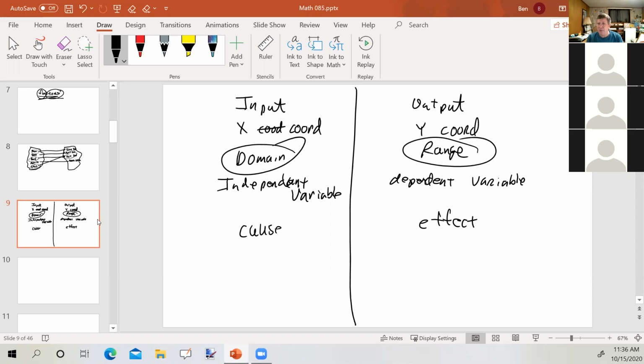So have any of you been outside today yet? Yes. Was it cold? Cold and sunny. Did you put on a sweater or a jacket or something? Yes, a jacket. Okay, so did you put on a jacket because it was cold, or was it cold because you put on a jacket?